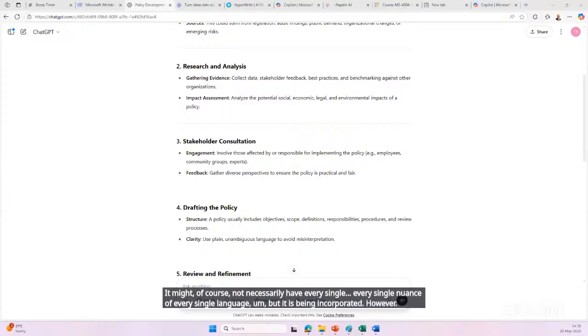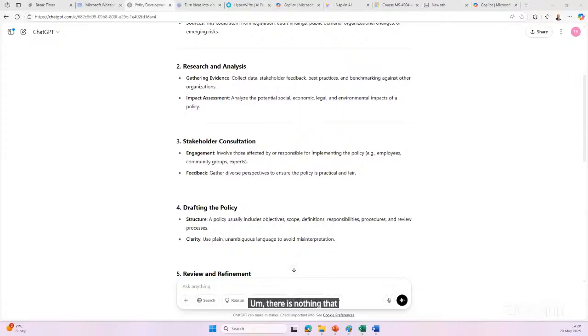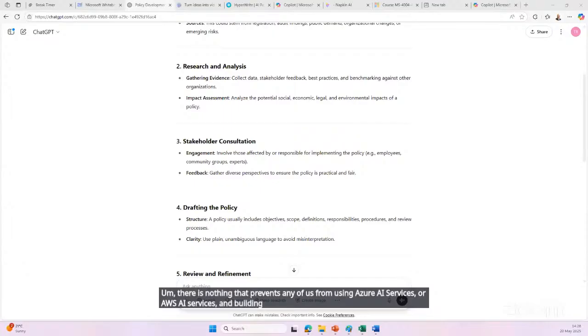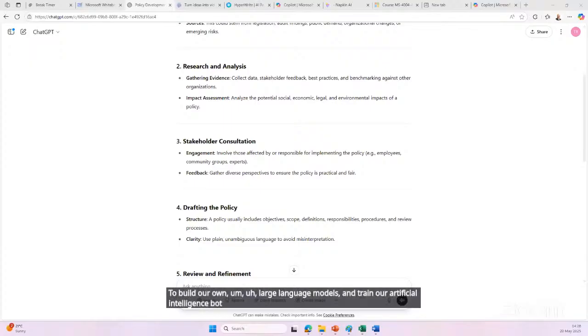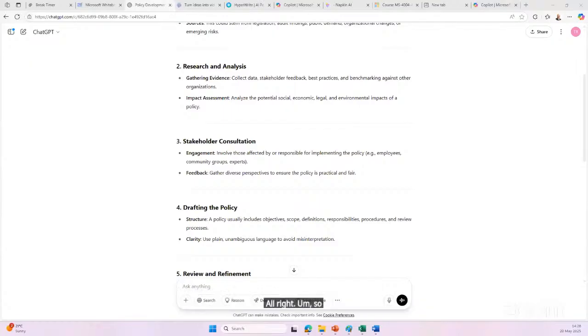However, there is nothing that prevents any of us from using Azure AI services or AWS AI services, or even OpenAI services, to build our own large language models and train our own artificial intelligence bot, which we can of course create ourselves, on the data that we're presented with. All right. So that's the answer from a large language processing perspective.